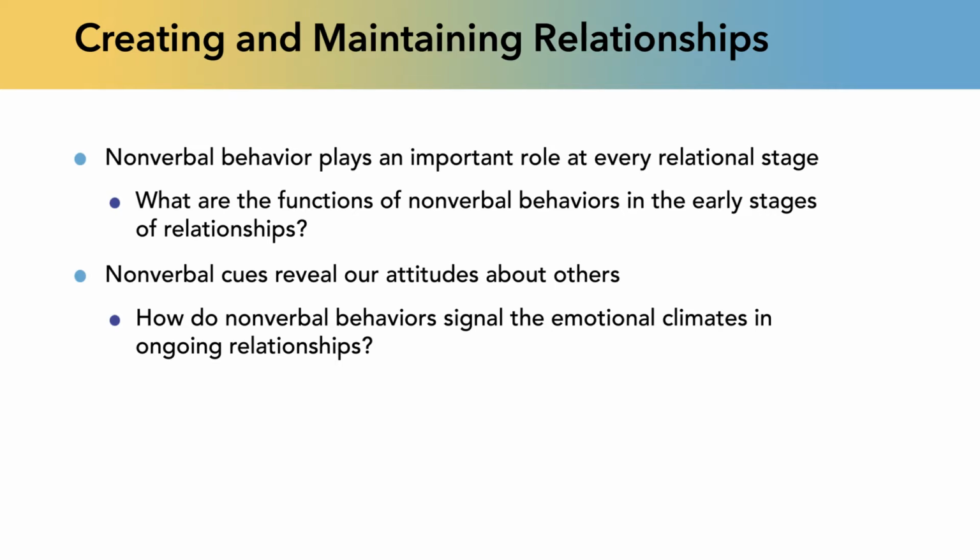So next, if you happen to be from a family who does kisses, see if that plays out. Also, I liked this. Supervisors who offer nonverbal cues of liking can increase subordinates' job motivation, job satisfaction, and affinity for their boss. So that's really interesting.